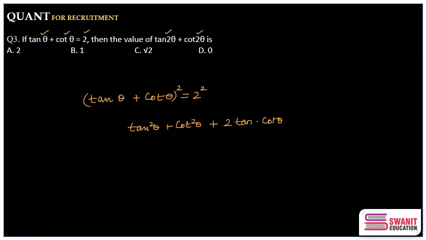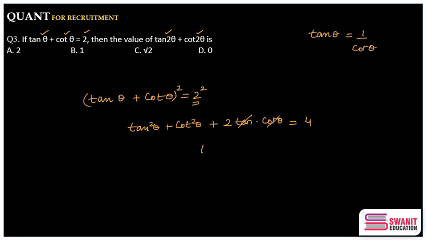Now I know that according to trigonometric ratios tan theta is equal to 1 by cot theta. So by that I can cancel these two values, and therefore I will be left with tan square theta plus cot square theta plus 2 is equal to 4, because that's the square of 2.